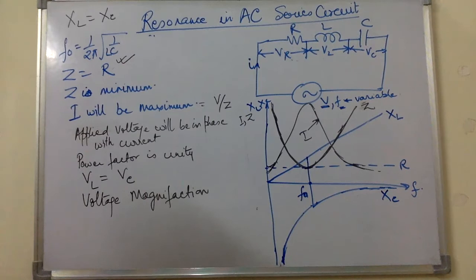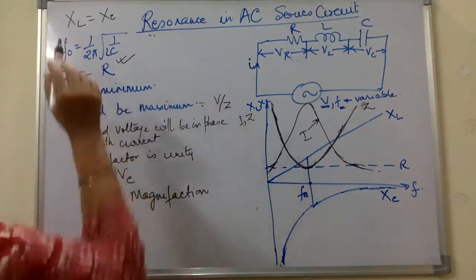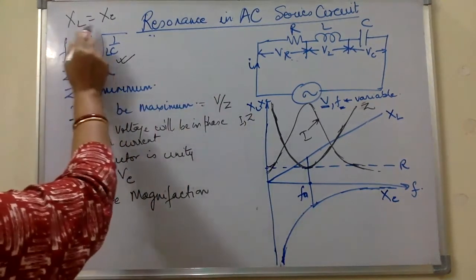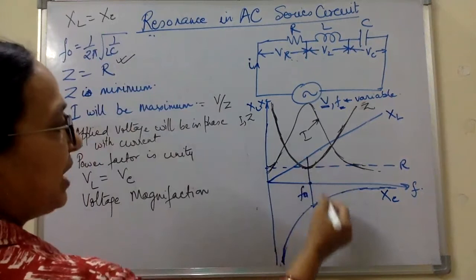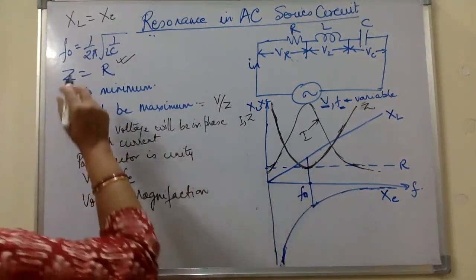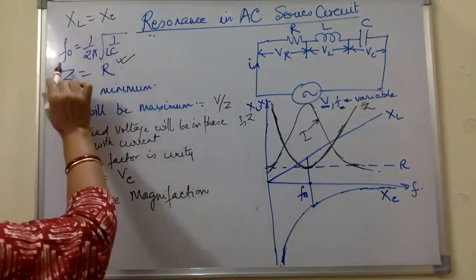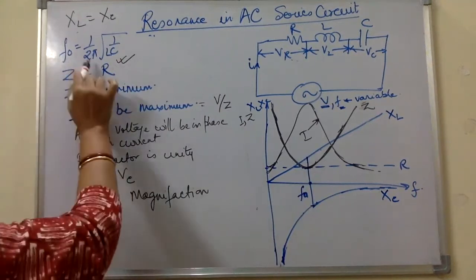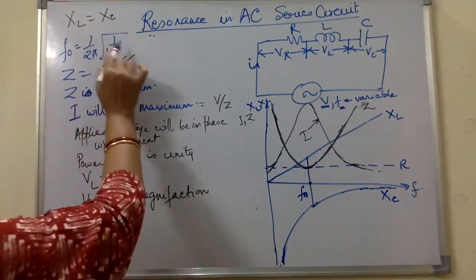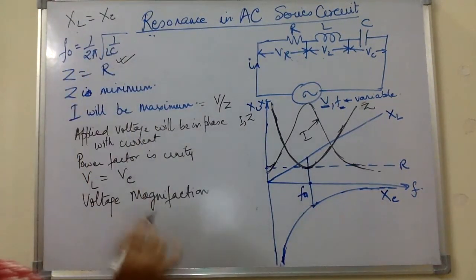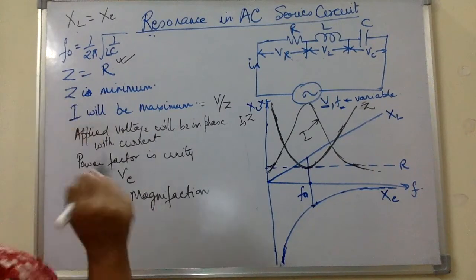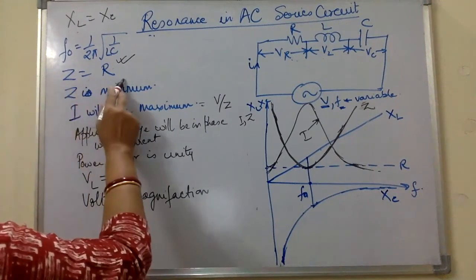Okay, so what are the things we have discussed? I'll just try to summarize those points. At resonance, your inductive reactance is equal to the capacitive reactance, and when XL is equal to XC, the resonant frequency can be given as 1 by 2 pi under root 1 by LC. At resonance, your impedance is equal to resistance.